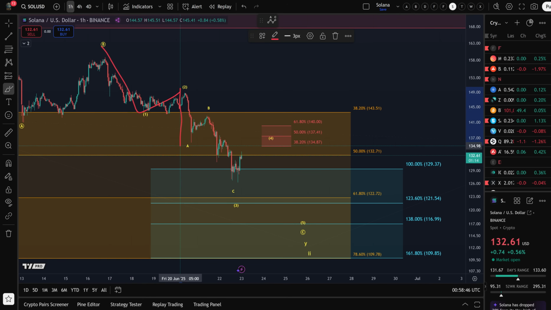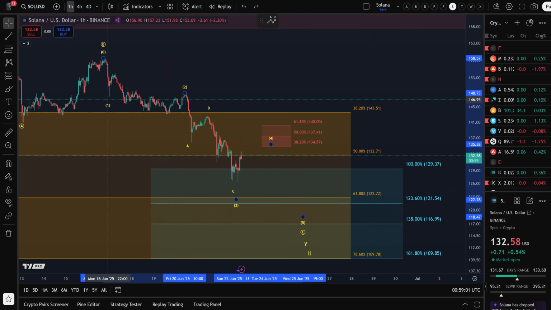So it could be an A, B, C wave, but microstructure isn't super clear. It's certainly long enough, but honestly, if we measure that, that third wave might still extend a little further, but it depends even how I count this 1, 2. I could put the 1, 2 here. So it's getting a little messy.